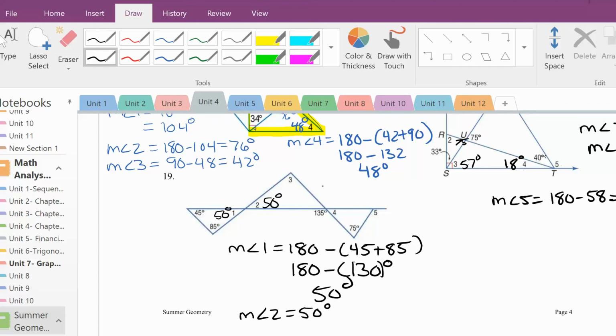Angle 3, well, here's the exterior angle. So 135 equals 50 plus the measure of angle 3. So if I subtract 50, I get 85 degrees, which is the measure of angle 3.